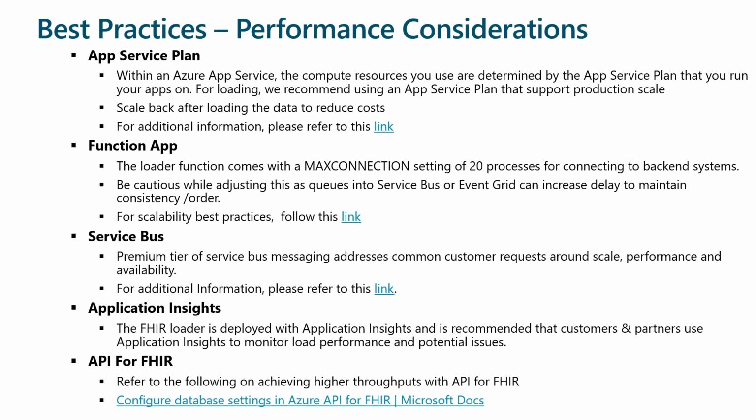In terms of Application Insights, the FHIR loader is deployed with Application Insights, and it is recommended that customers and partners use Application Insights to monitor load performance and potential issues. With respect to the API for FHIR, refer to the following article on achieving higher throughputs with Azure API for FHIR. This gives additional best practices on how to achieve maximum throughput.